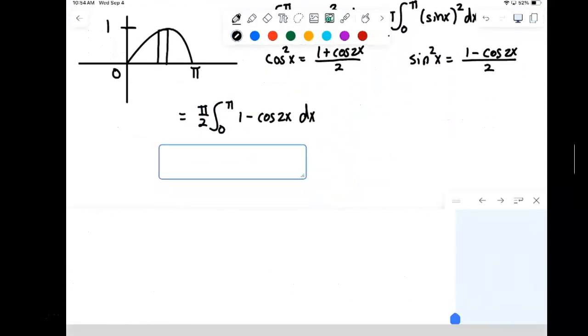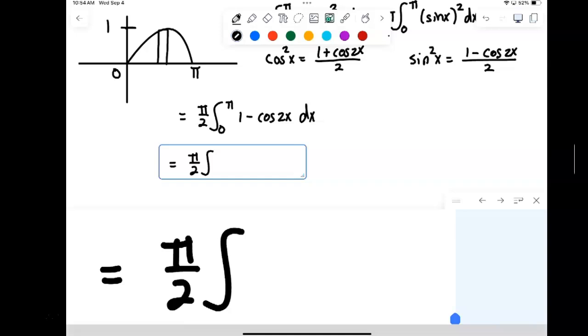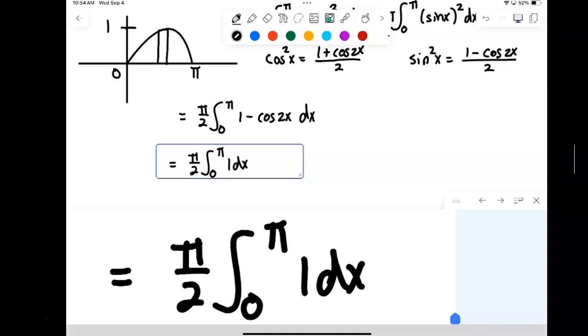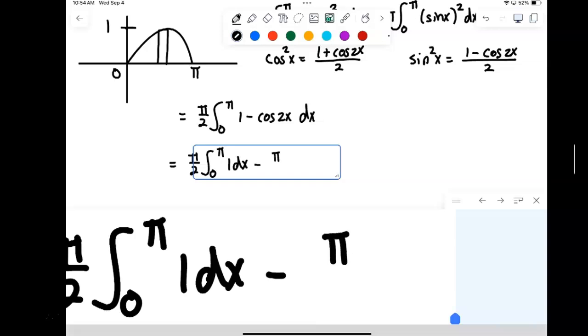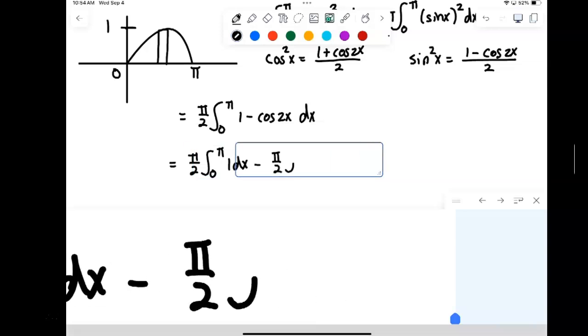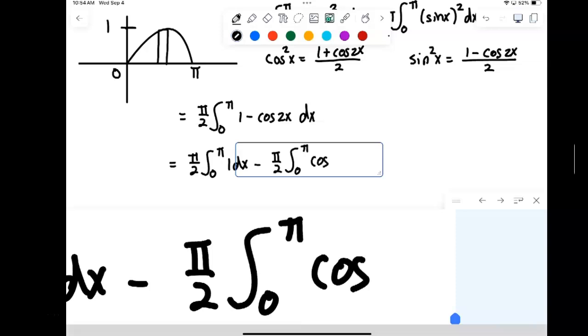So this is actually going to be two separate integrals, so let me just break it apart. I'm going to have pi over 2 integral from 0 to pi of 1 dx minus pi over 2 times the integral from 0 to pi of cosine 2x dx.